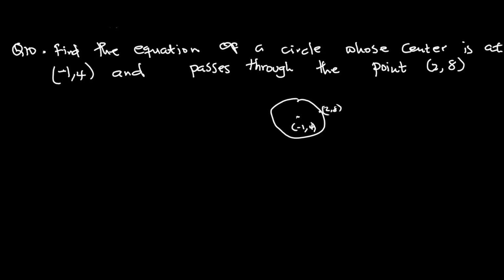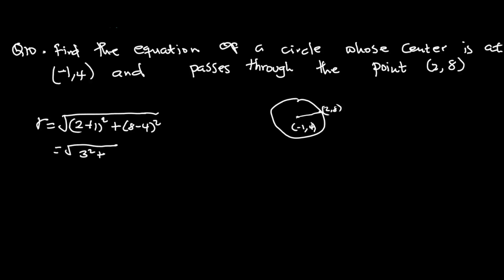We can find the radius of this by taking a distance. So our r is equal to the square root of the distance between the x's and the y's, and then we'll have 2 plus 1 squared, plus now we have 8 minus 4 squared.